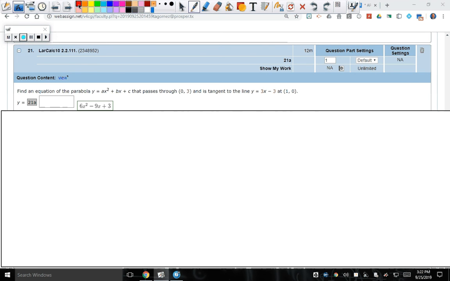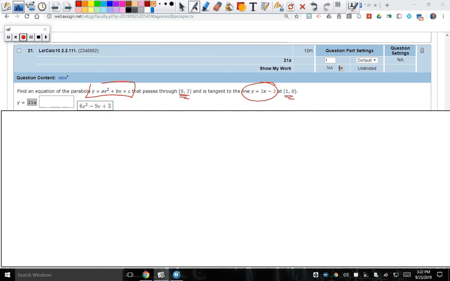Okay, our last awesome question to look over from our homework was this one, 21, from that first homework that was due. Find an equation of this parabola that passes through 0, 3 and is tangent to this line at 1, 0.